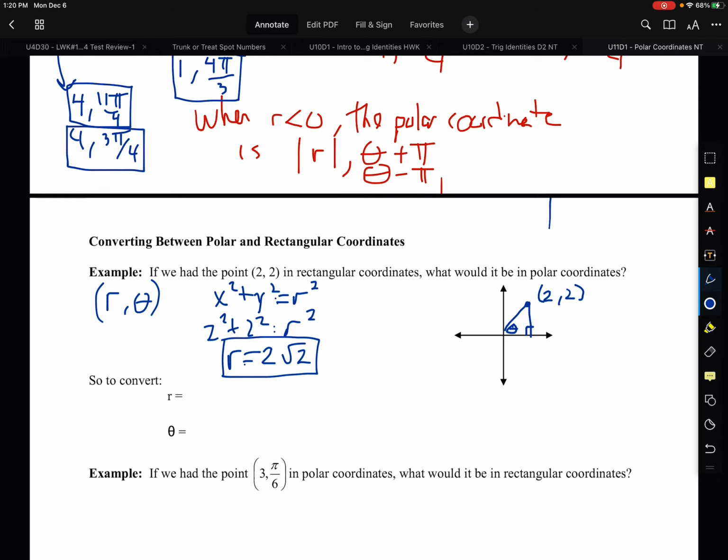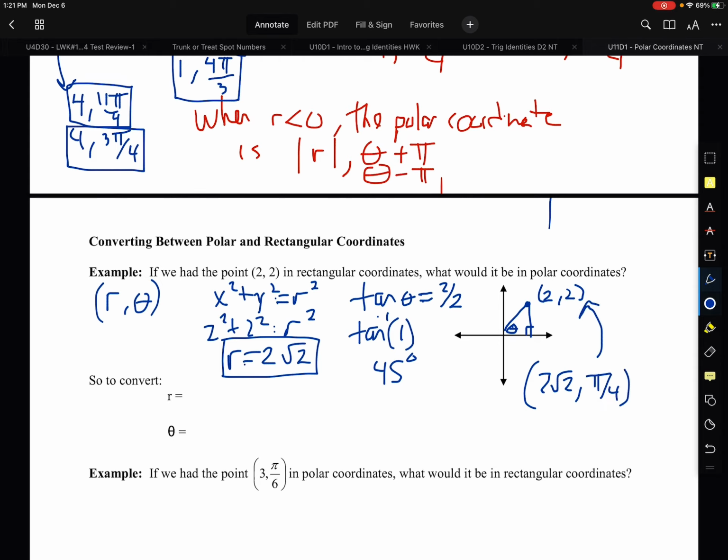Right, there's my radius. Now if I wanted to find my theta, I have all 3 sides of the triangle, but if I just stick with the x and y, I have tan. Tan theta equals opposite over adjacent. So we have the inverse tan of 1 in this situation. Inverse tan of 1 is 45 degrees, giving us our point to be 2 rad 2, comma, pi over 4.